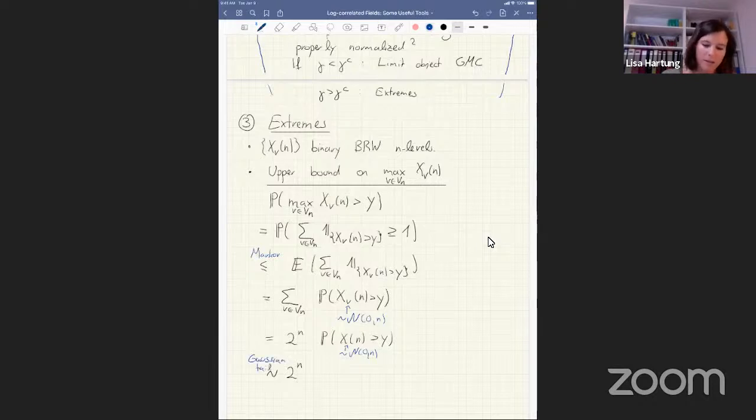The probability that a Gaussian is large, for a standard Gaussian, would be 1 over x e to the minus x squared over 2. Now I have variance n, so I have square root n divided by y, times a constant 1 over square root 2 pi, and then I have an e to the minus y squared over 2n.